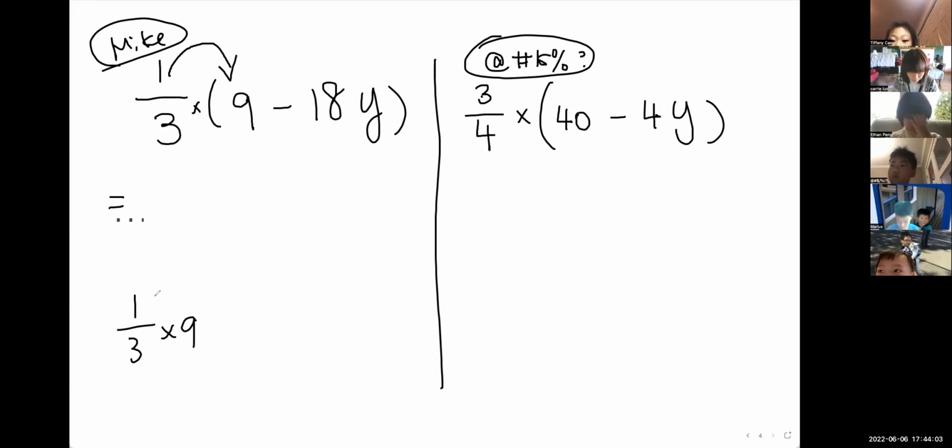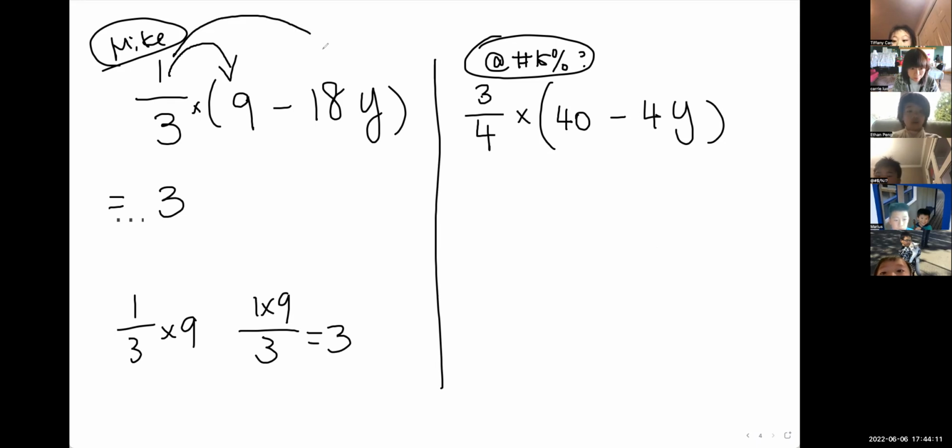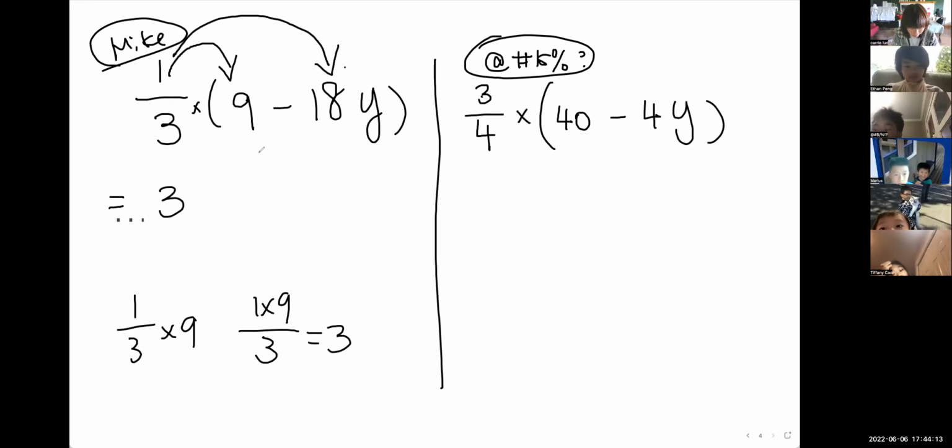It's 3, because it's 1 times 9/3 equals 3. So 1/3 times 18y equals what? 6y. So in between is negative. So 3 minus 6y.